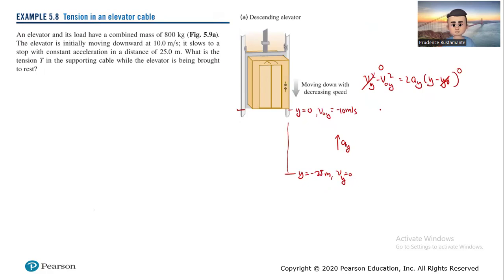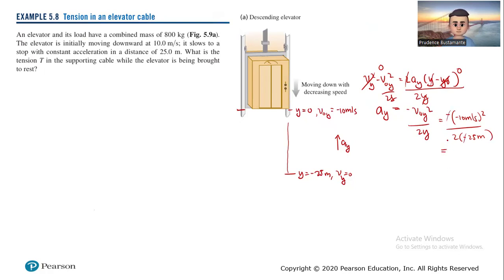So your acceleration is equal to negative v sub oy squared over 2 times y. Here we have negative 10 meters per second squared over 2 times negative 25 meters. You cancel this negative here.